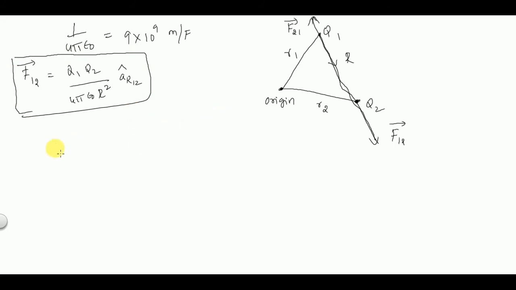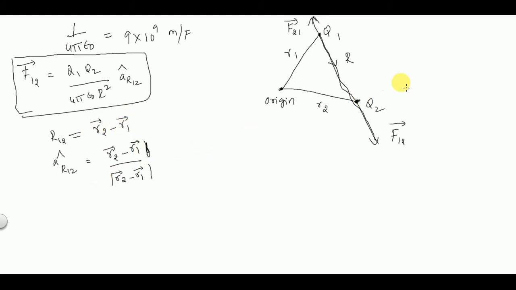So what is R12? R12 is equal to R2 minus R1. The unit vector a_R12 is R2 minus R1 divided by the modulus of R2 minus R1. All these are vectors, R2 bar minus R1 bar.